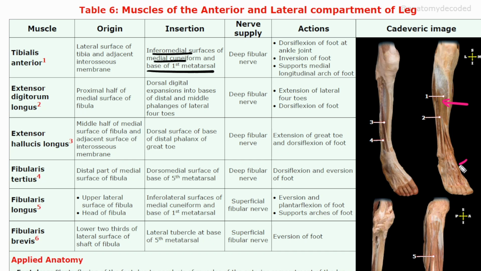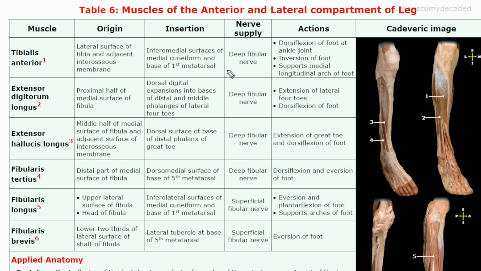It goes to the medial aspect of the base of the first metatarsal and the medial cuneiform. Nerve supply is the deep fibular nerve, and action is dorsiflexion of the foot at the ankle joint, inversion of the foot, as well as supporting the medial longitudinal arch of the foot.